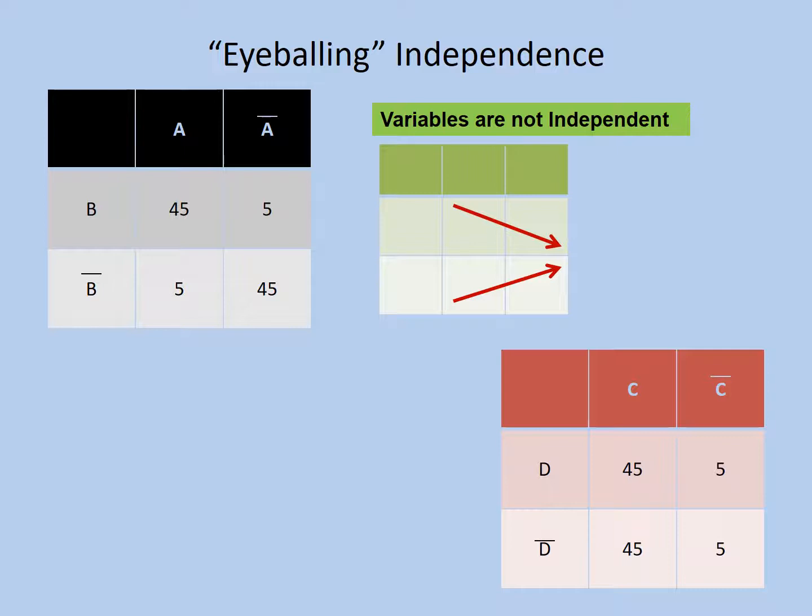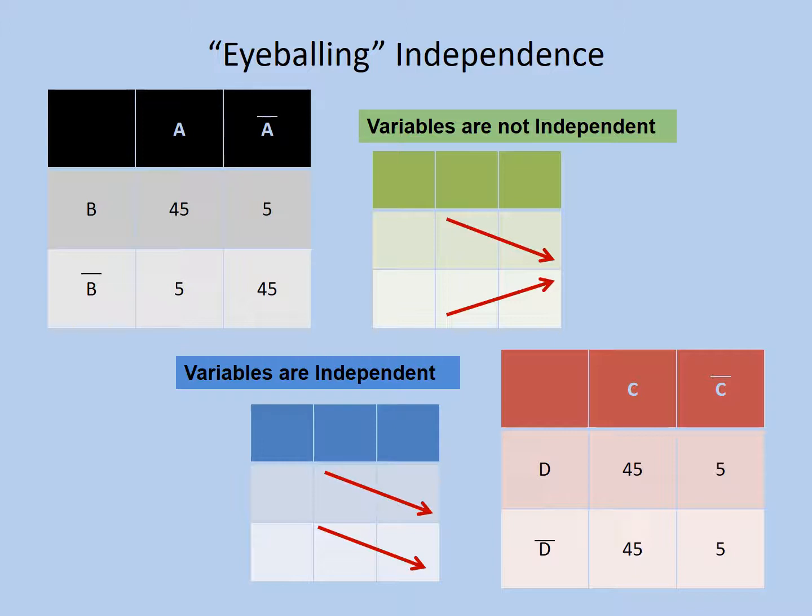In contrast, in row B bar, representing the other category of B, the cell frequency increases from 5 to 45, so we draw an arrow upward. When two such arrows go in opposite directions, or more specifically are not parallel, we can conclude that the two variables being considered are not independent.